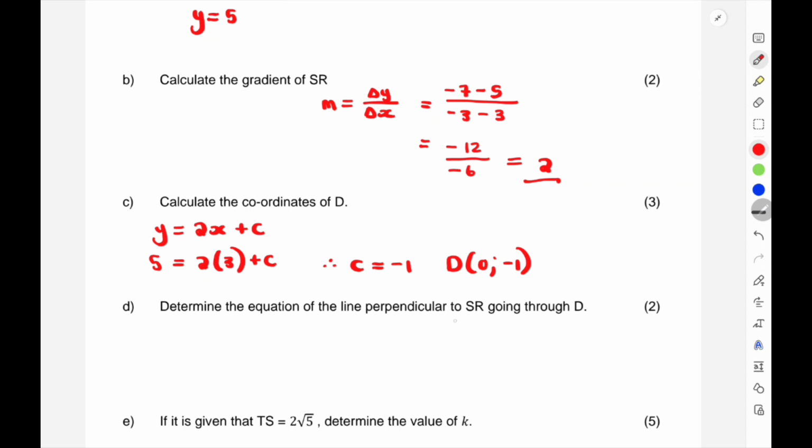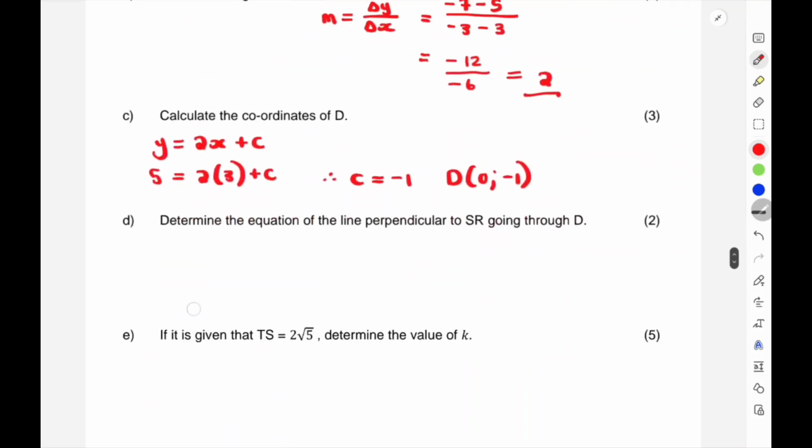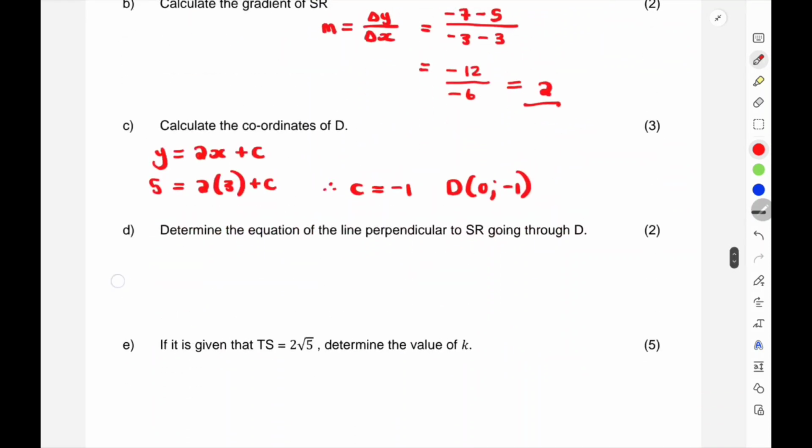Determine the equation of the line perpendicular to SR going through D. So they're talking about a line going perpendicularly through here. What do we know of two lines that are perpendicular to each other?